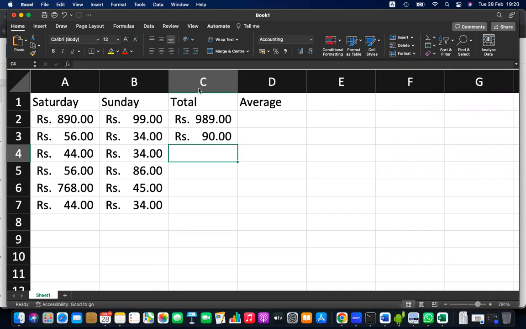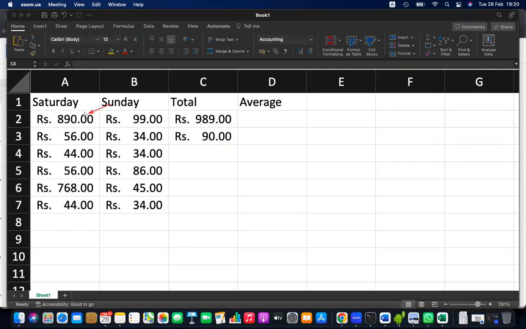The answer is calculated: A3 and B3 are added, and the answer is written in C3.